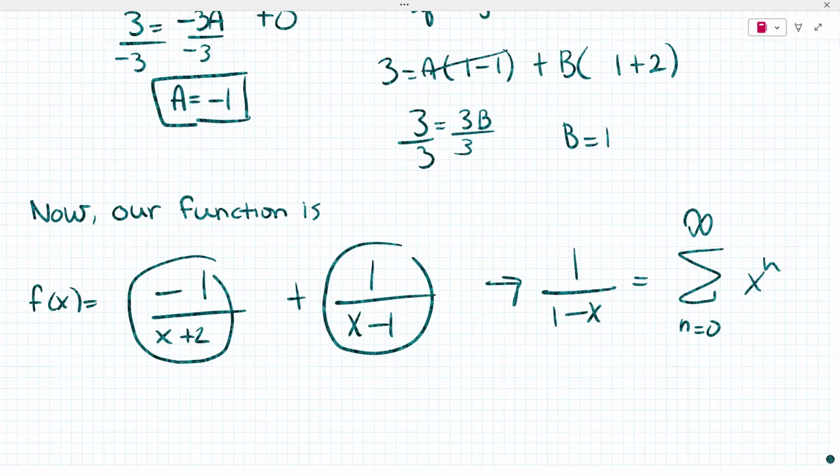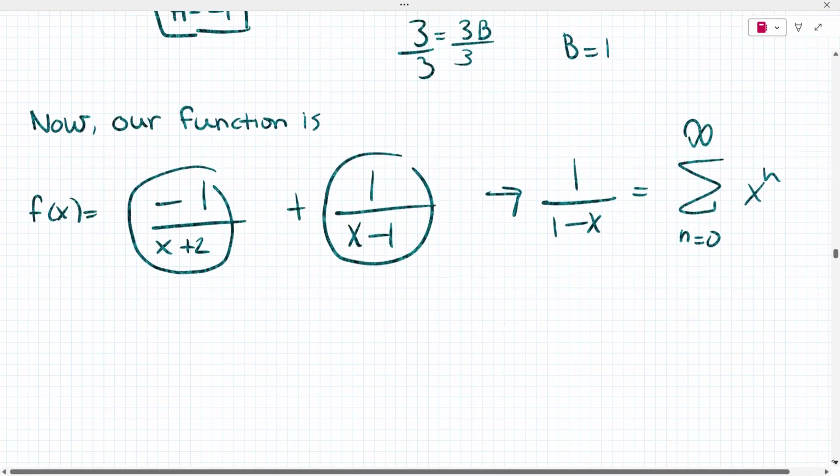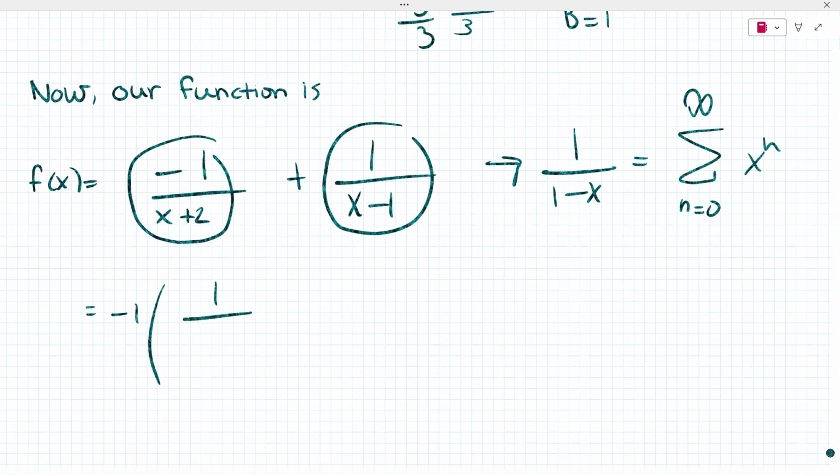So if you look here, I've got to make this into a positive 1. So what I'll do is factor out a negative 1, and then it's 2 plus x. I'll put the 2 on the left and the x on the right.